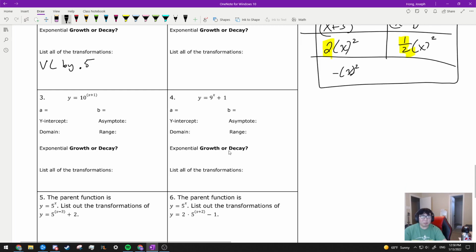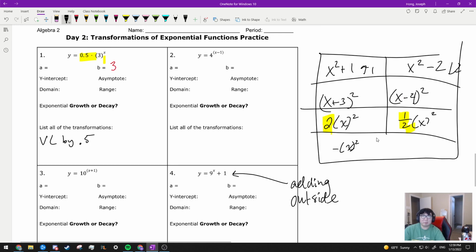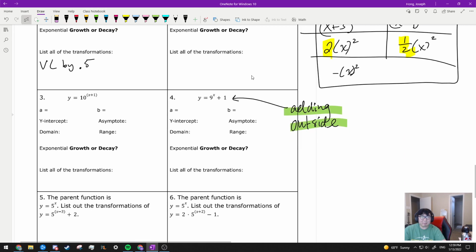Number 4 has a plus 1, this is adding, and it is outside. So if I look at this table, I need to look for adding and outside, which resulted in my function going up 1. So the only transformation that happened here is up 1.